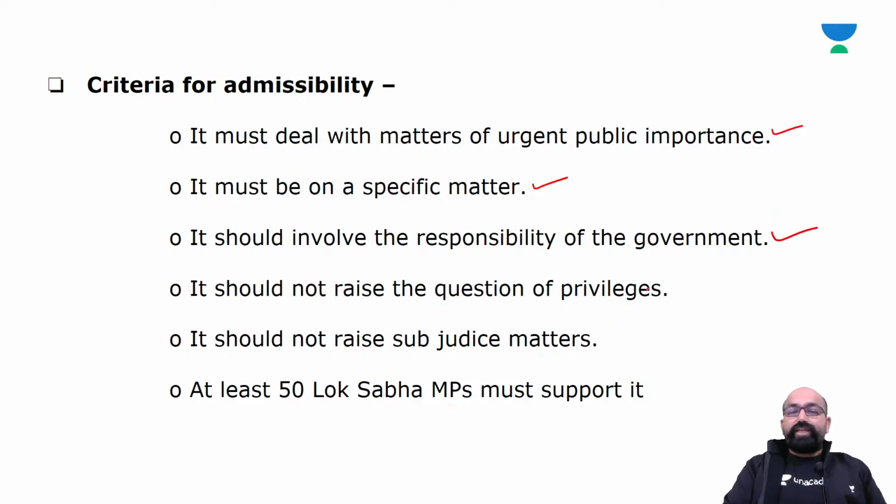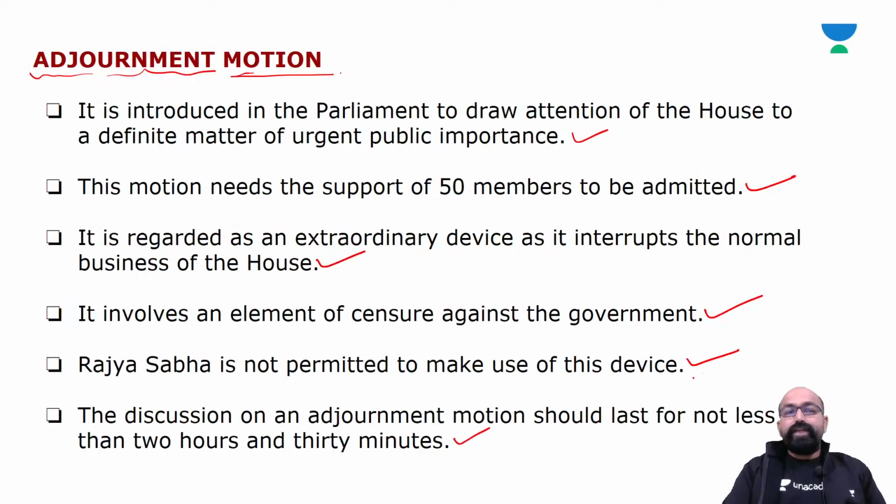It should not raise the question of privileges. It should not raise sub judice matters. And at least 50 Lok Sabha MPs must support it. This is the adjournment motion.